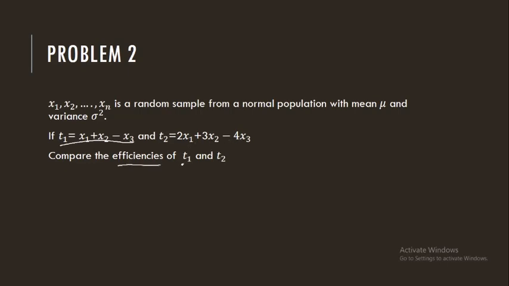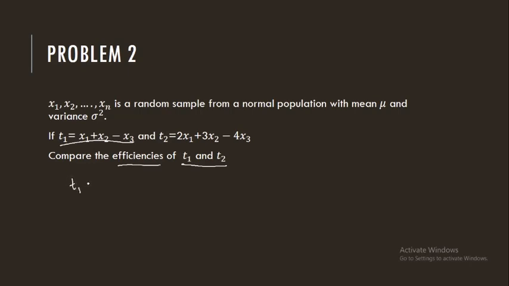You are asked to compare the efficiencies of T1 and T2. So before comparing the efficiencies, let's find out whether these are unbiased estimates of the given population parameter mu. In order to find out the unbiasedness, let's have a look at the first statistic.